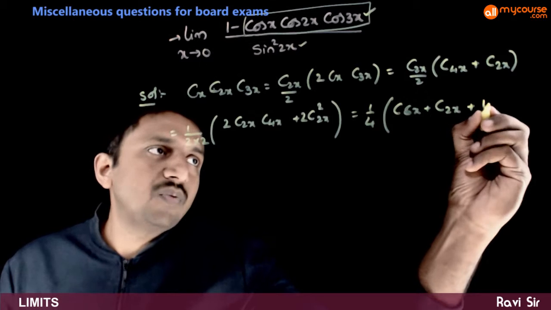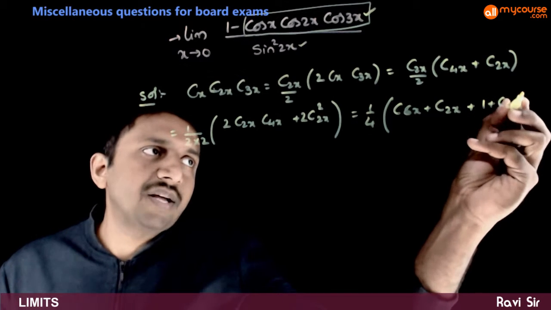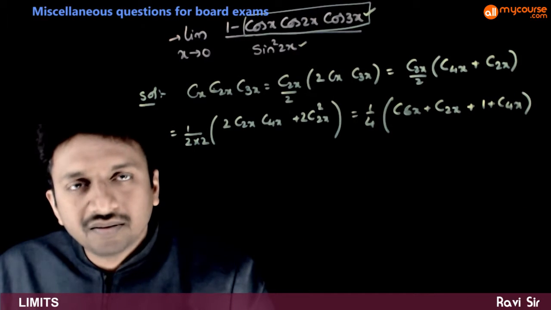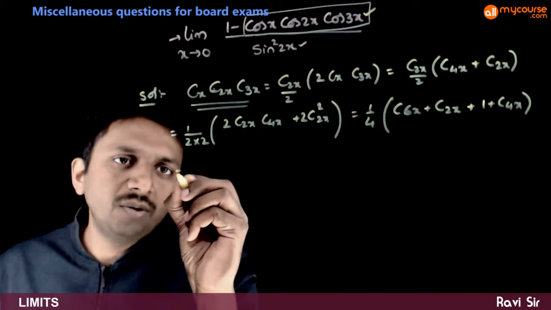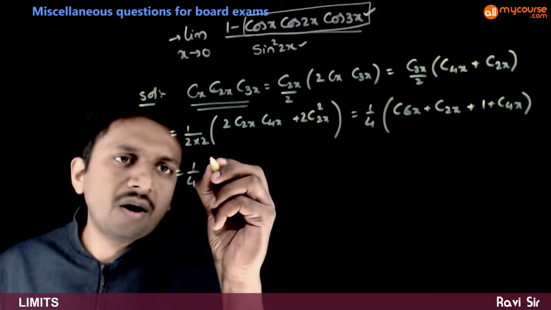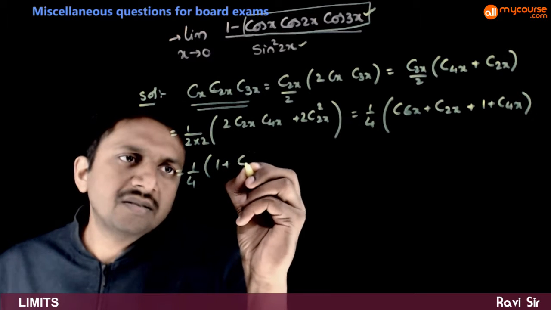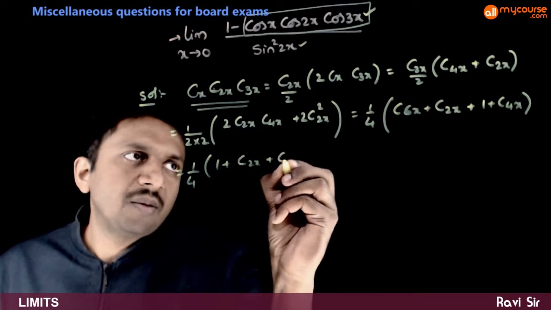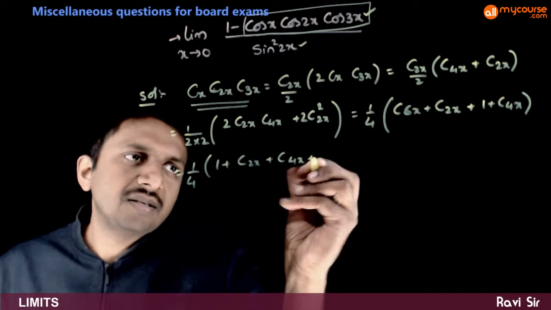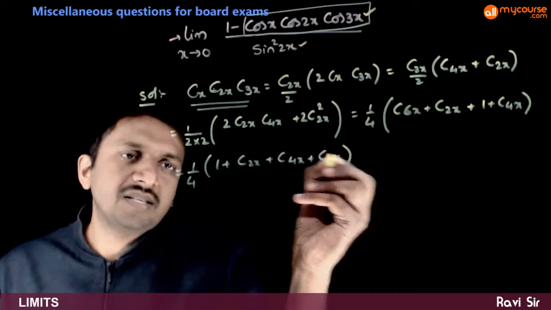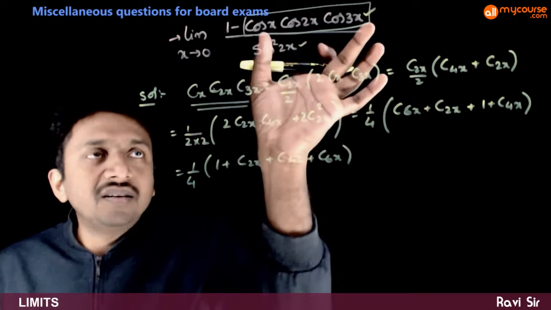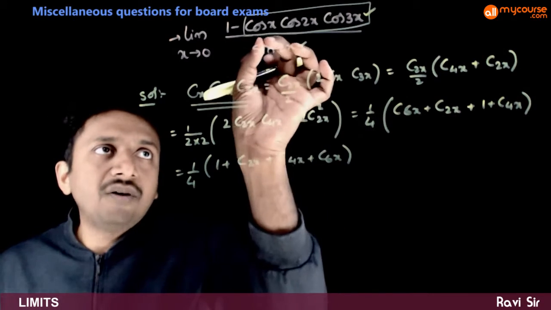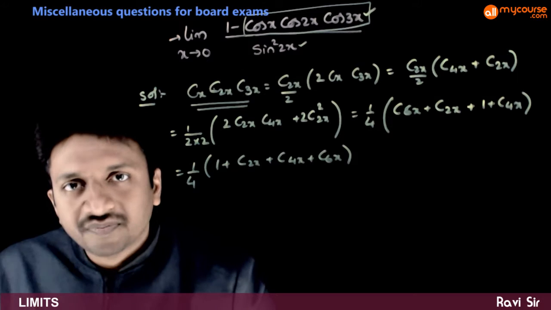So this can be written as 1 plus cos 4x. So effectively this expression is equal to 1/4 of (1 plus cos 2x plus cos 4x plus cos 6x). So this is the simplification of cos x cos 2x cos 3x.